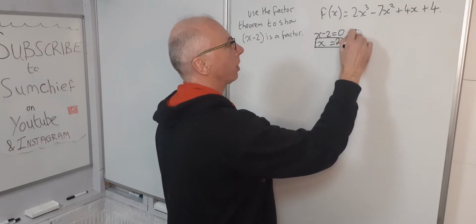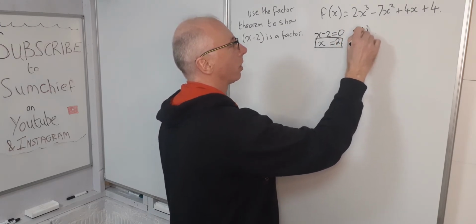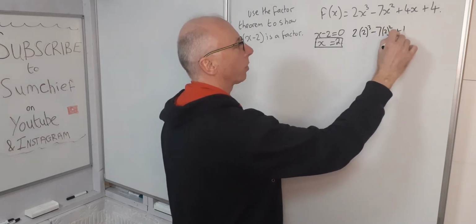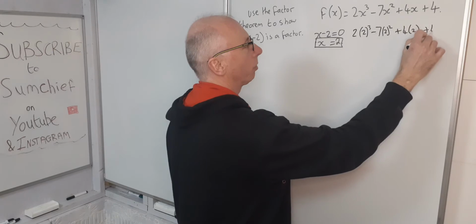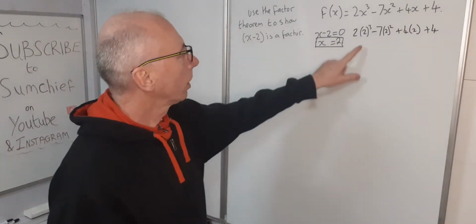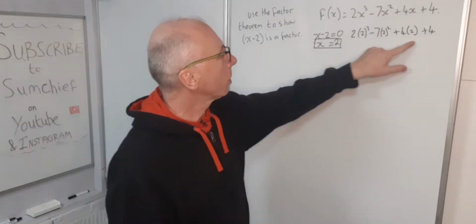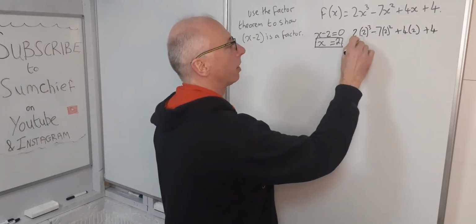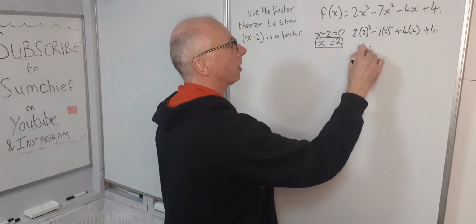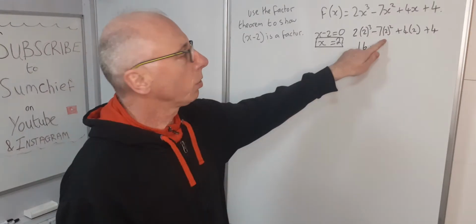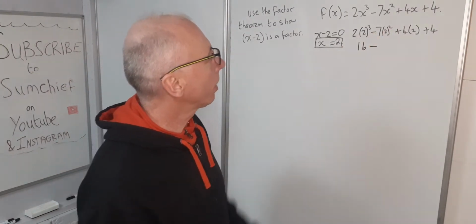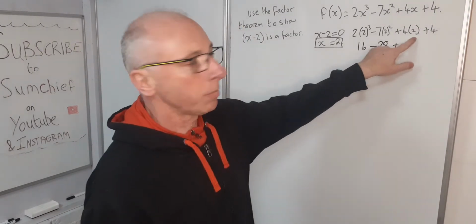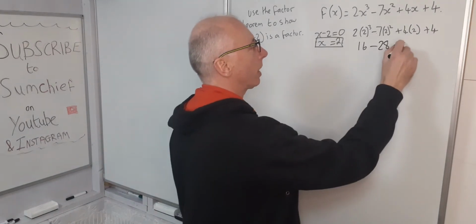Let's go with 2 times 2 cubed minus 7 times 2 squared plus 4 times 2 plus 4. Okay, let's go one step at a time and just get these 2's calculated. So 2 cubed, that's 8. So 2 times 8 is 16. 2 squared is 4. 7 4's are 28. 4 times 2, that's pretty straightforward, that's plus 8.